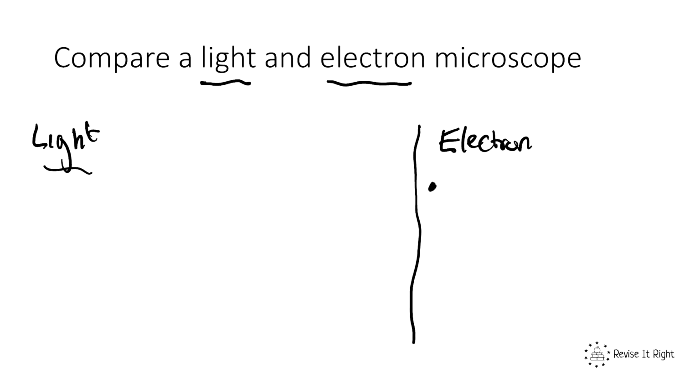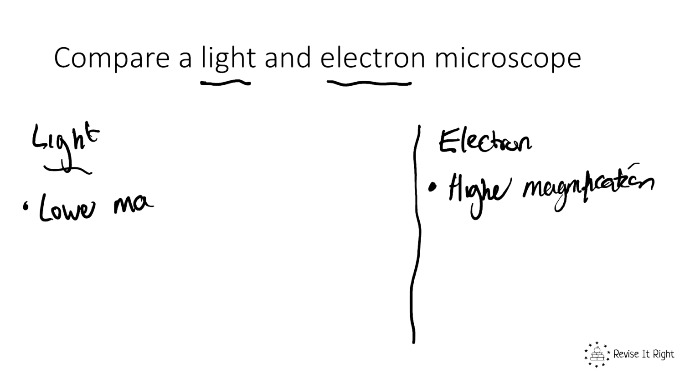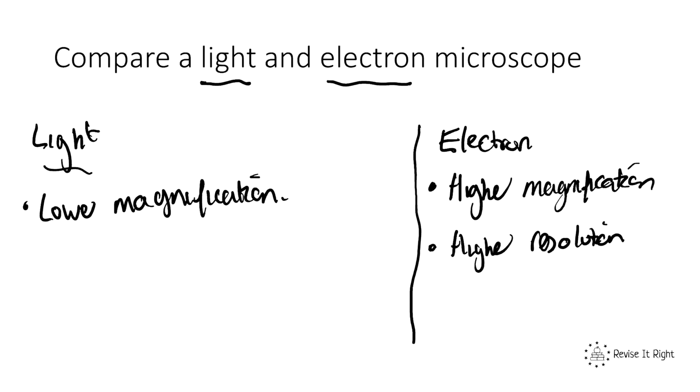Electron microscopes have much higher magnification, so they can make images appear much larger than they actually are, whereas the light microscope has lower magnification. An electron microscope also has higher resolution, so the images produced are much sharper, whereas light microscopes have a lower resolution.